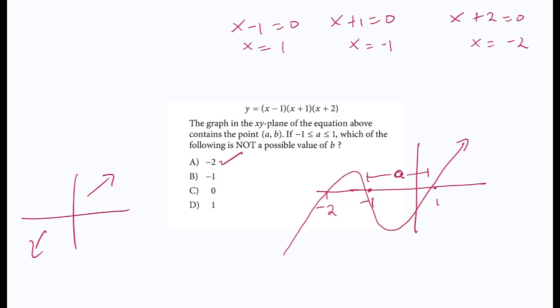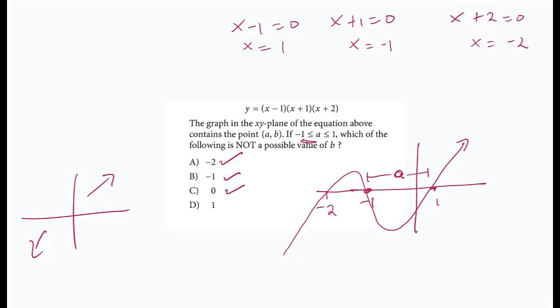Also, -1 would be below the x-axis, so that value is perfectly fine as well, because we're taking the x values between -1 and 1. Now for 0, we have two options. A can be equal to -1 or it can be equal to 1. In either situation, the corresponding y value would be 0.